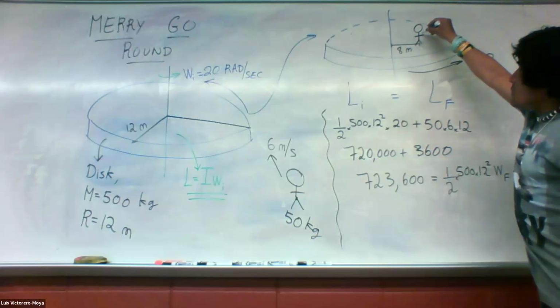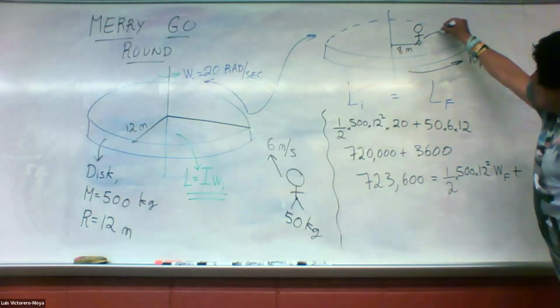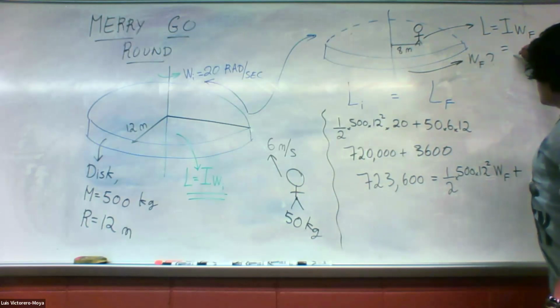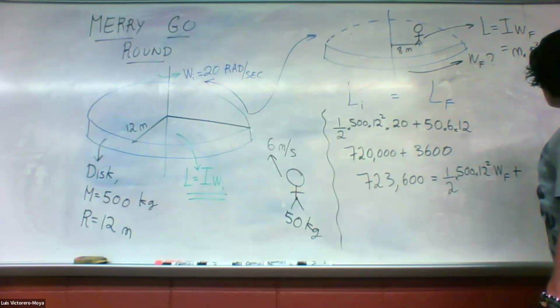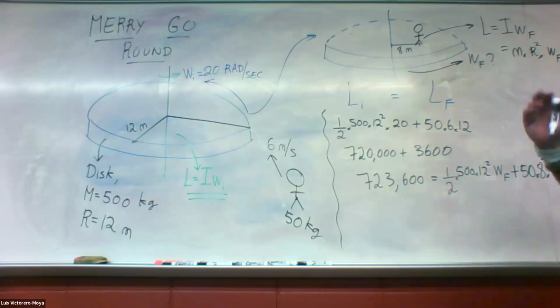His angular momentum can also be IW. What's the I for that person? mR squared, and W is just W final. So the moment of inertia of a person is mass times the distance to the axis squared: mass times 8 squared times W final. And that is how you solve this.